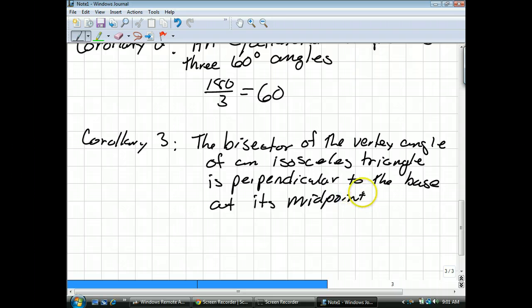So this is a very, very powerful corollary. This is super, super, super important. So put a star by it because this gives you a lot of information.